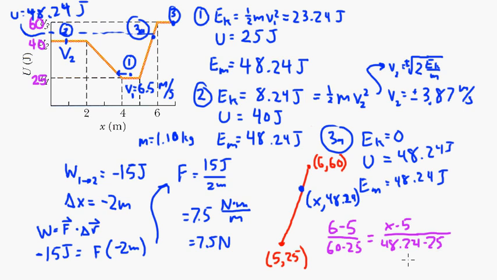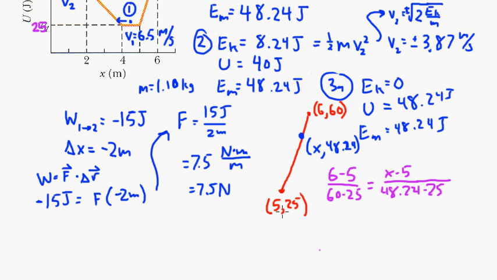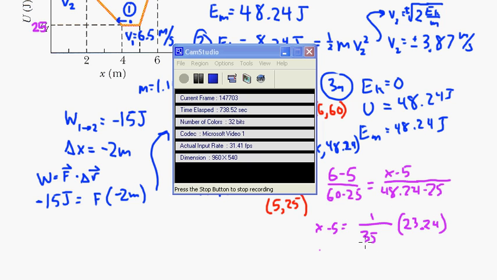So x minus 5 equals, 6 minus 5 is 1, and 60 minus 25 is 35, times 48.24 minus 25, which is 23.24.